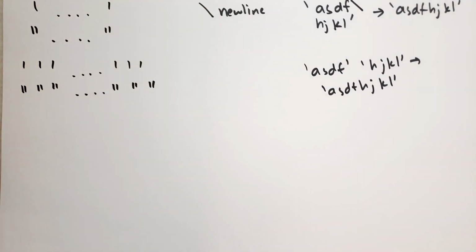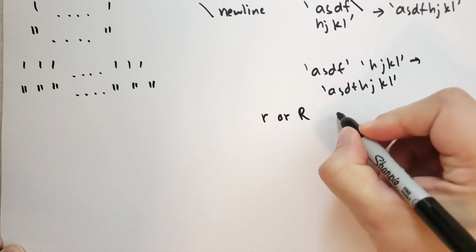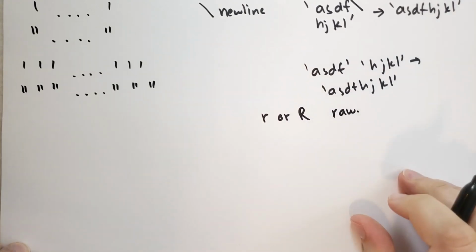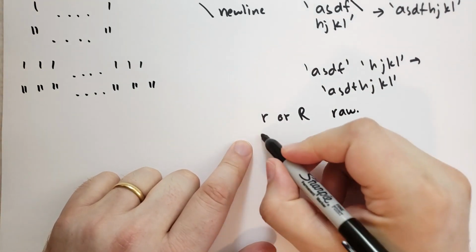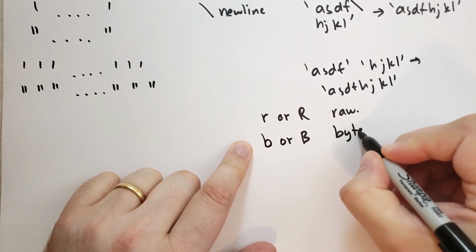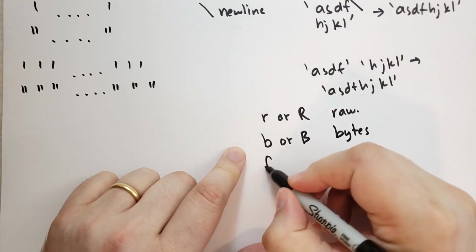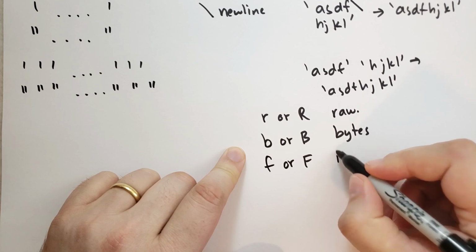We can add a prefix to the string. r or R means that it is raw. It will not obey escape sequences. b or B means that it's bytes. f or F means that it's inline formatting.